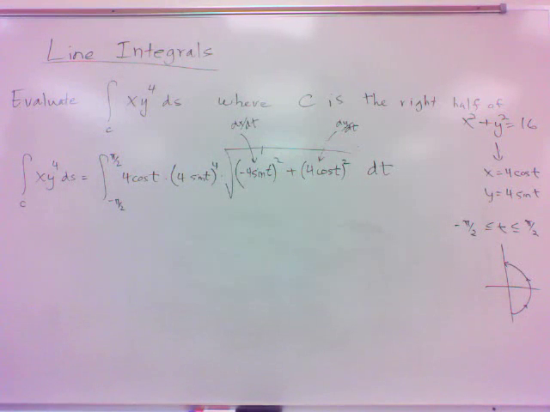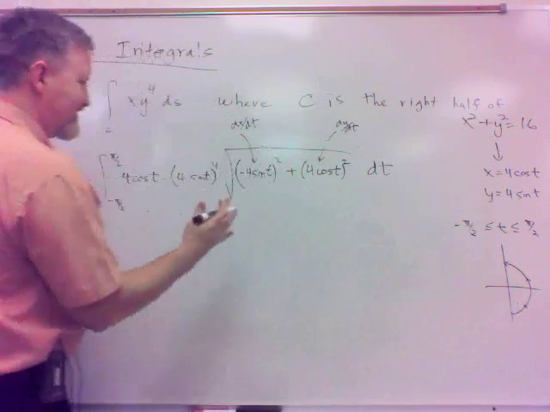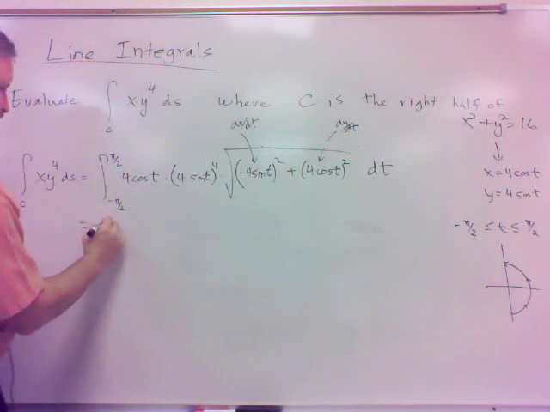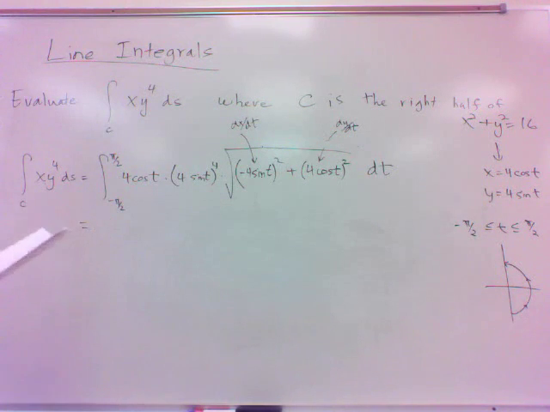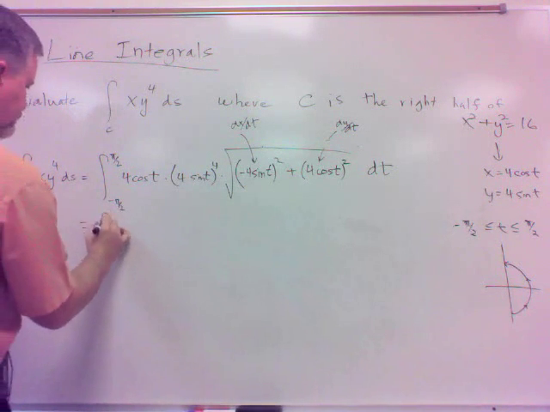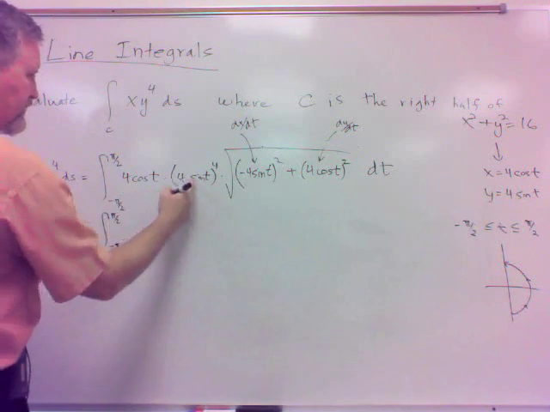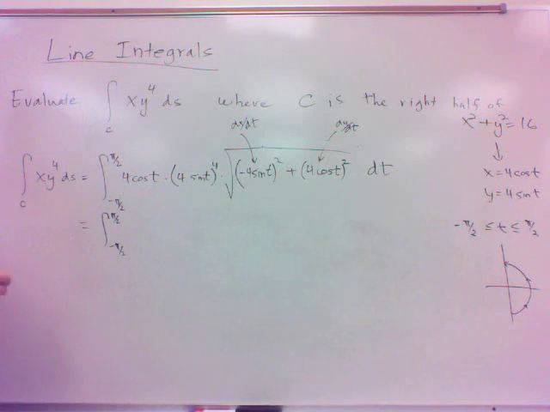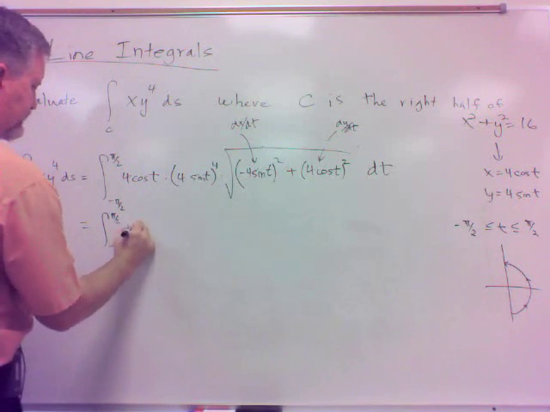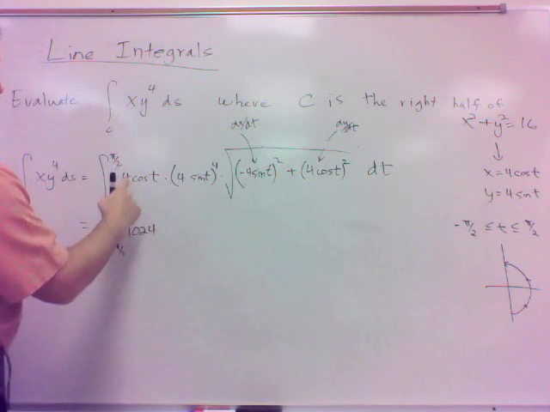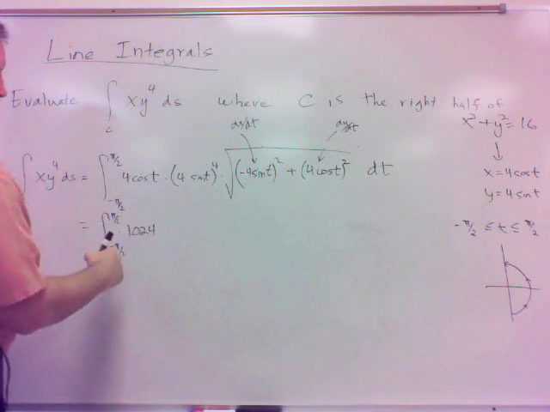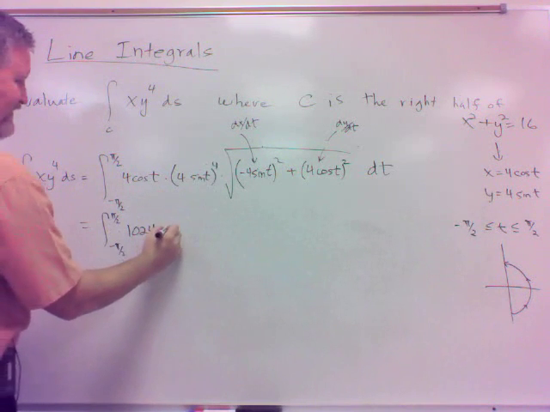All right, so that can get complicated, of course, but in this case, it's not so much. This would be the integral from negative pi over 2 to pi over 2. Let's see, 4 to the 5th, is that 1,024? Yeah, because we got 4 and then 4 to the 4th, so that's 4 to the 5th, right?